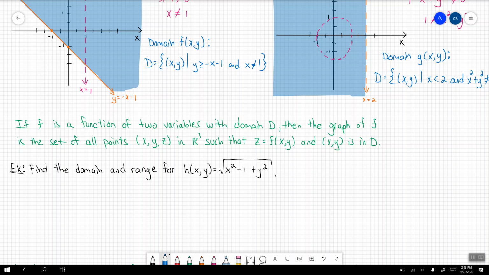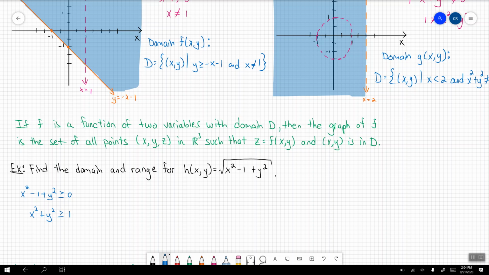Alright, so let's work on identifying the domain. And again, what we want to look at for the domain here is taking the radicand and setting the radicand to be greater than or equal to 0. This will get us x squared plus y squared is greater than or equal to 1.